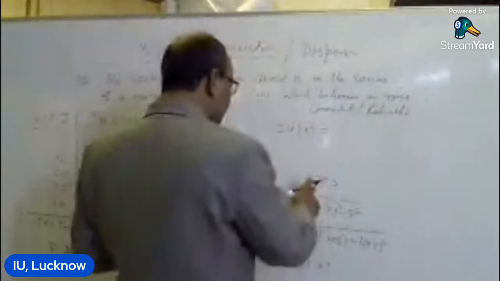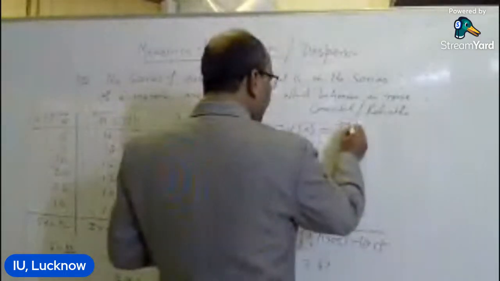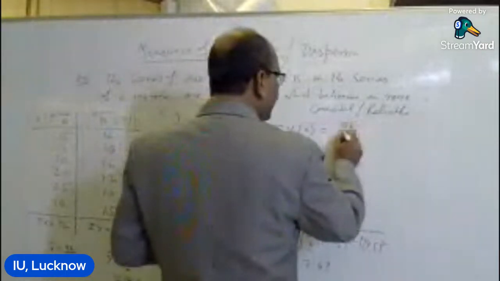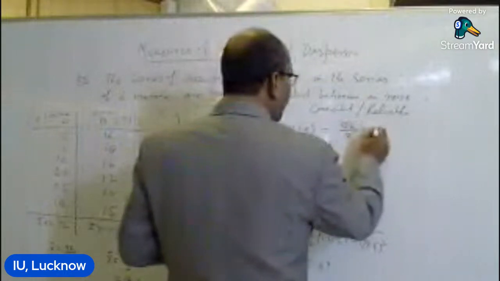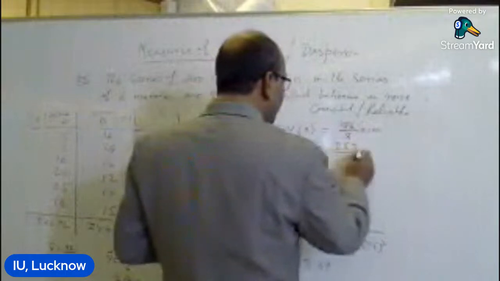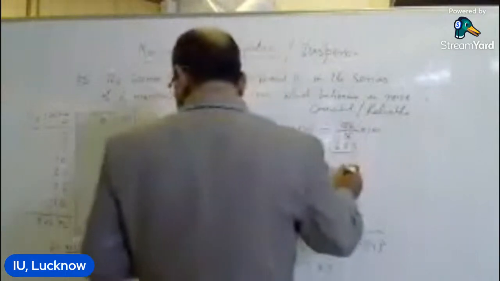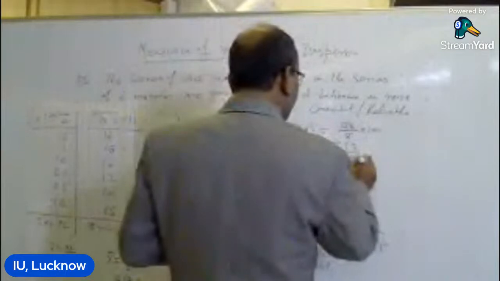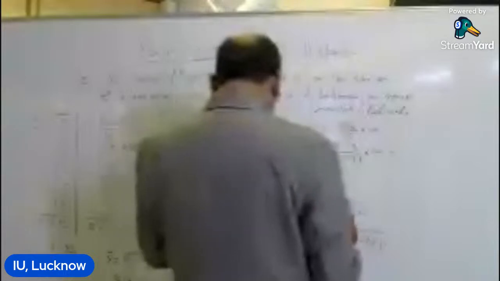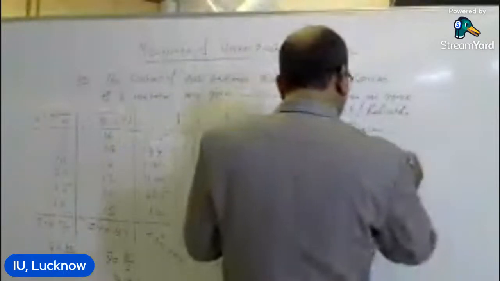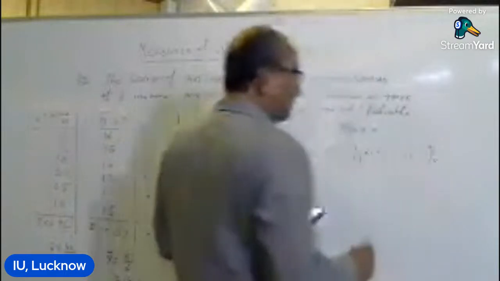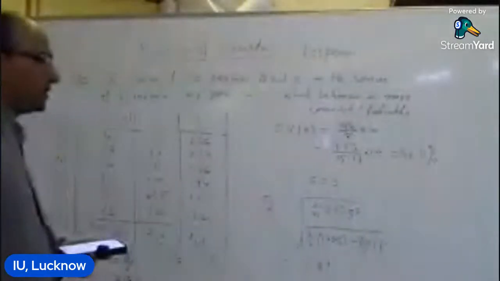Standard deviation of X is 5.53, or you can write the standard deviation of X divided by X bar into 100. The standard deviation of X, 5.53, divided by the mean 15.33, into 100, and the value will be 36.11. This is taken as a percentage, so we can write 36.11%.